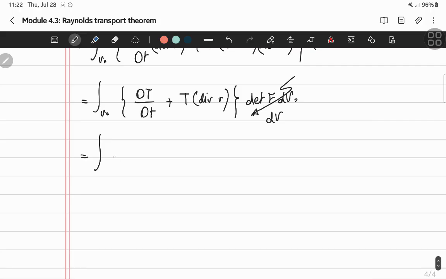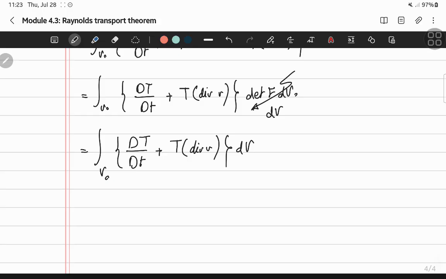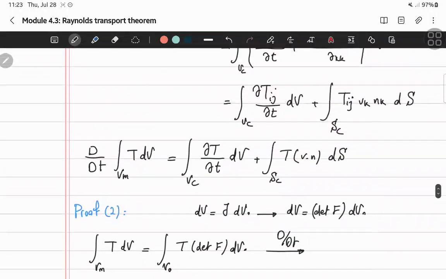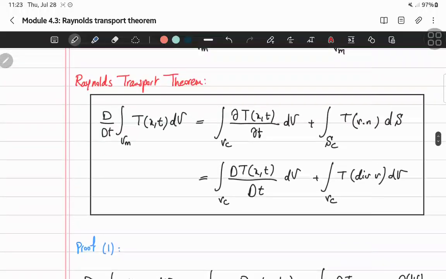This is equal to the integral of the material derivative of T plus T divergence of v dV over V0, which is now basically our control volume, Vc. So basically this equation here is the same as this in here.